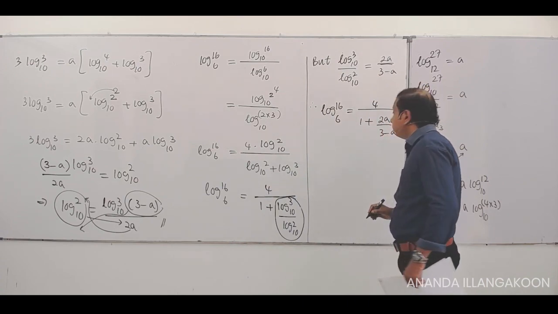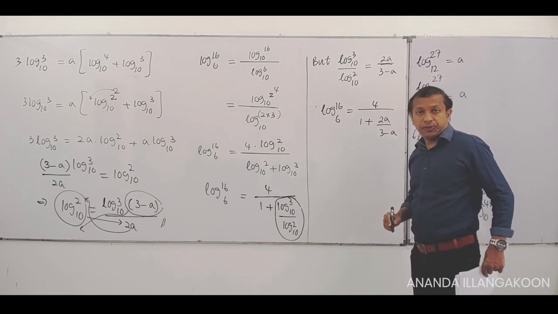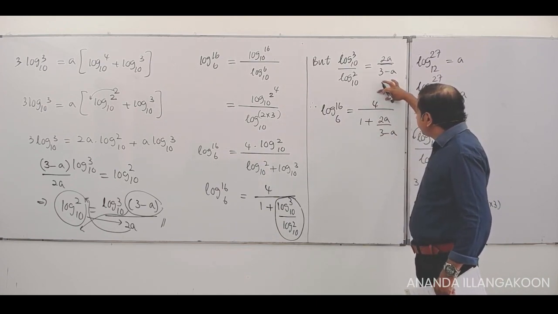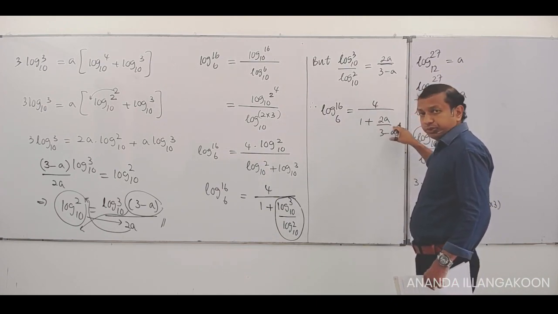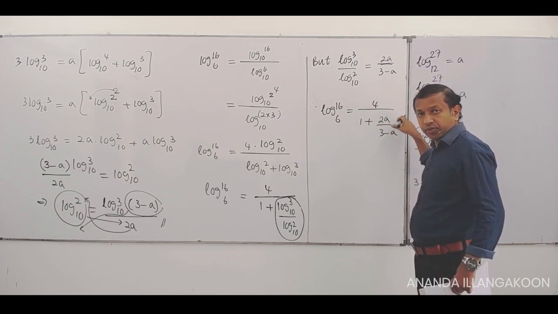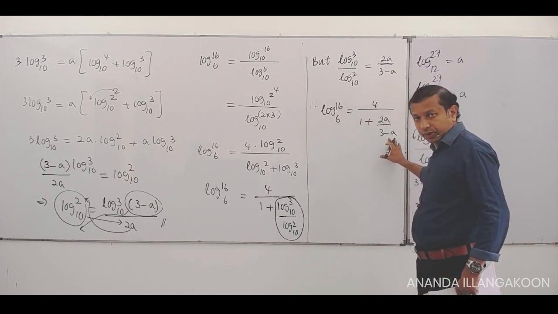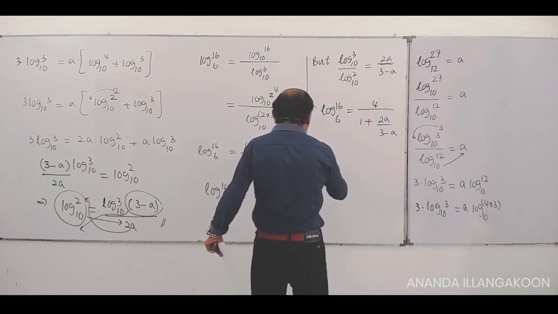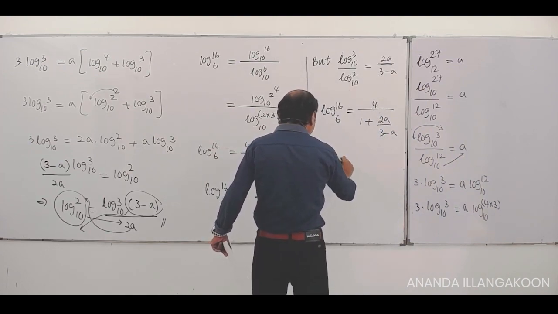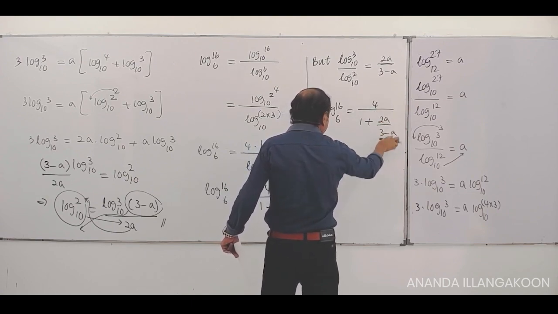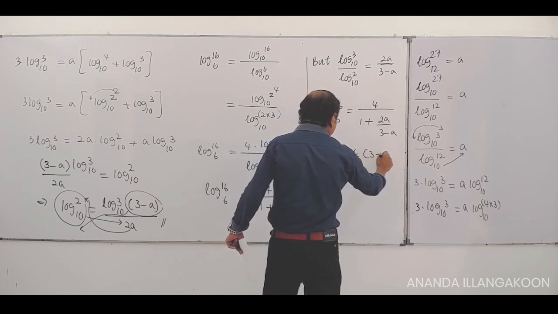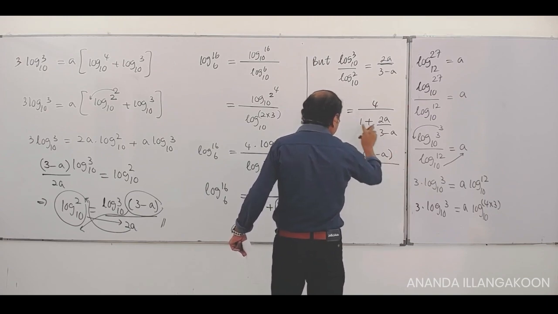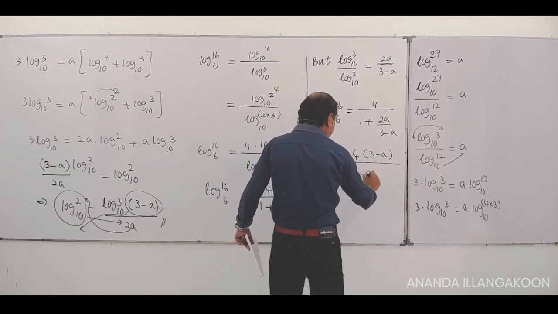Right. Now, what I do is this numerator and these 2 terms, all 3 terms I multiply by this 3 minus a. Okay. Then what do you get? Log 16 base 6: this we multiply by 3 minus a, 4 times 3 minus a. This I multiply by 3 minus a.